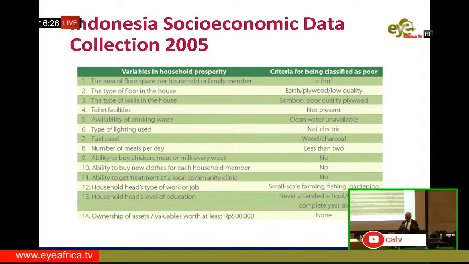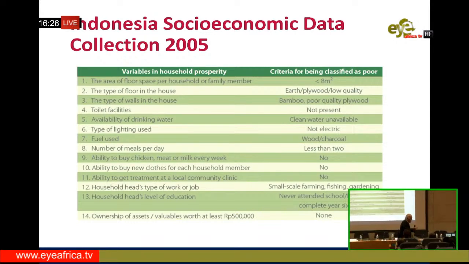It's about the housing, the floor, the surface of the house, how much space you have, the walls and the floor, electricity, the number of meals, assets, your ability to serve 3 meals a day. So 14 indicators, not variables, there are more variables. 14 indicators are used to decide in Indonesia who's poor and who's not poor.